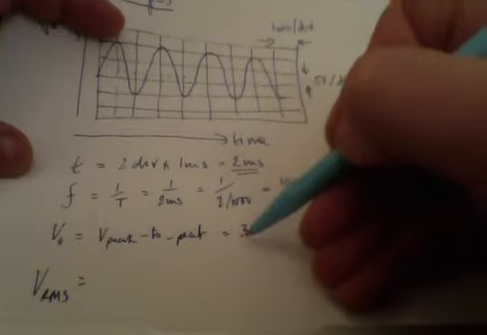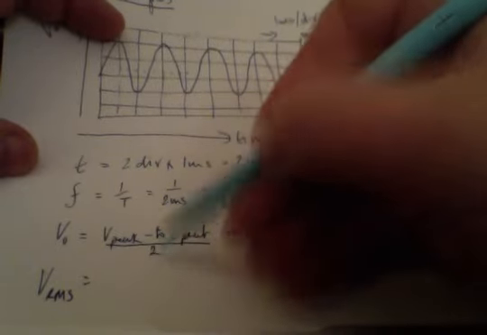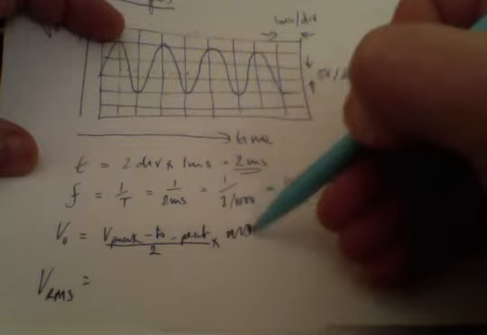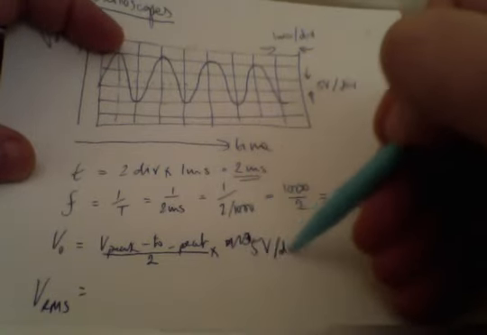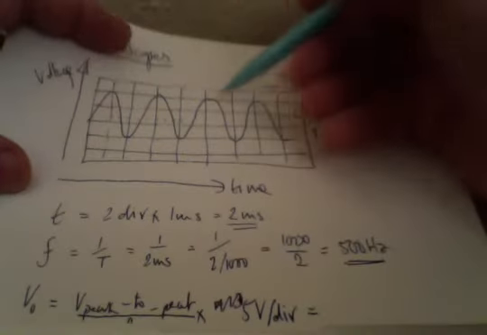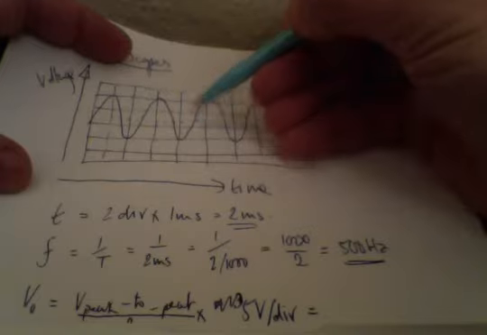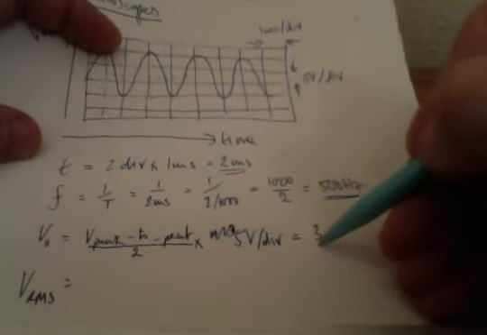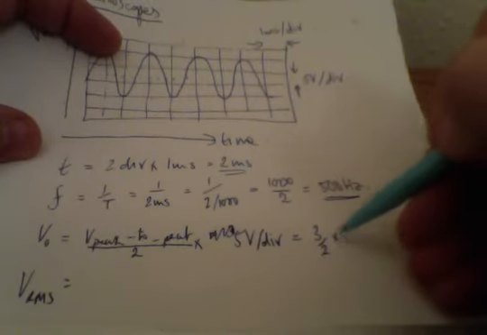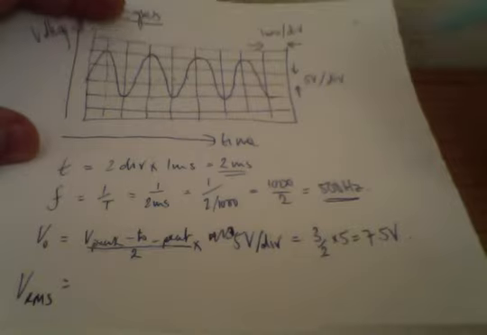And we can assume that V peak to peak divided by 2 times 5 volts per division will give me the value. In other words, the peak to peak divided by 2 works out where that starting line is. So here I have 3 divided by 2, 1.5, times 5 gives me 7.5 volts. That's its maximum value.